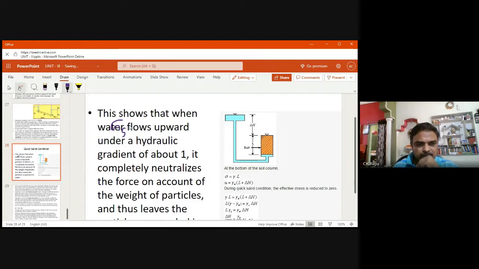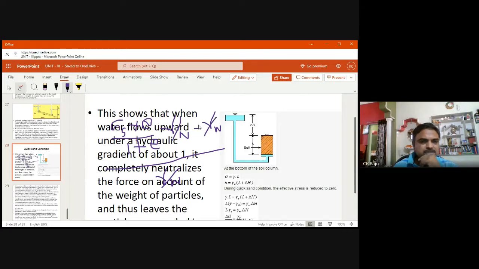Gs plus e divided by 1 plus e into gamma W minus gamma W, divided by gamma W. So we take gamma W common, and this gamma W cancels.